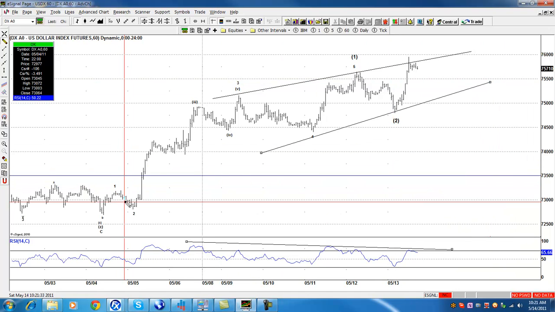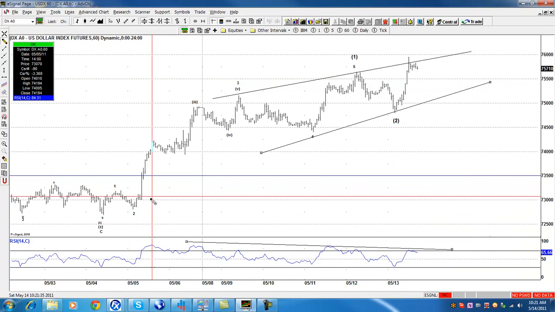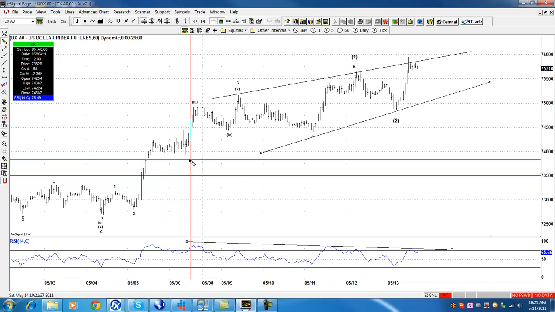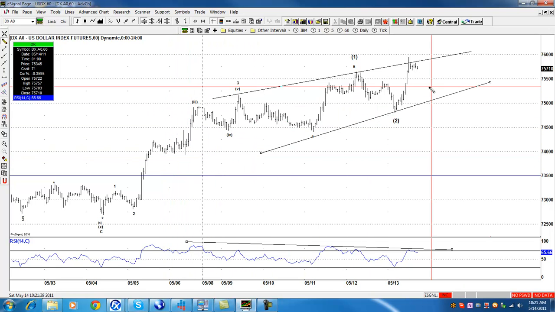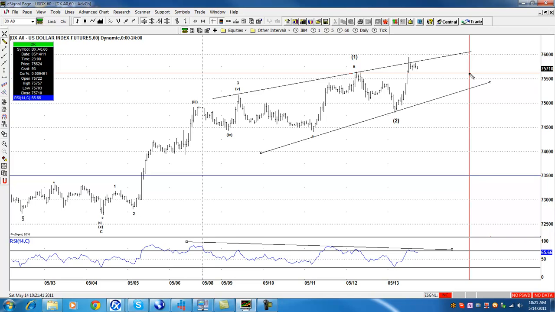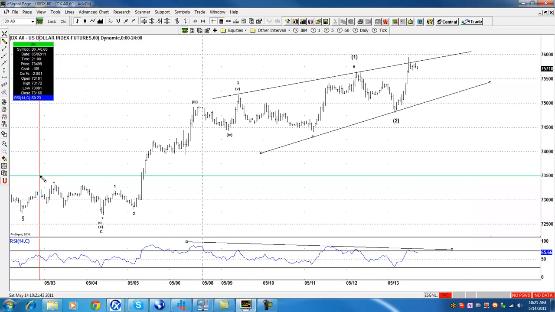When you got 1, 2, and then you got 3, 4, and then you got an extended wave 5 ending diagonal. It's possible. Why? Because you see on the RSI that this is the higher read, which is 303, and all you got is divergency.